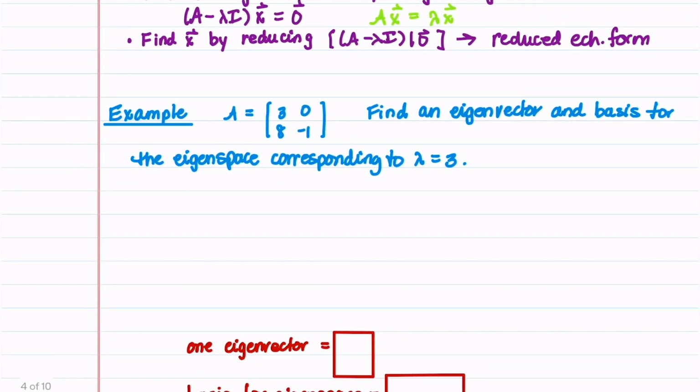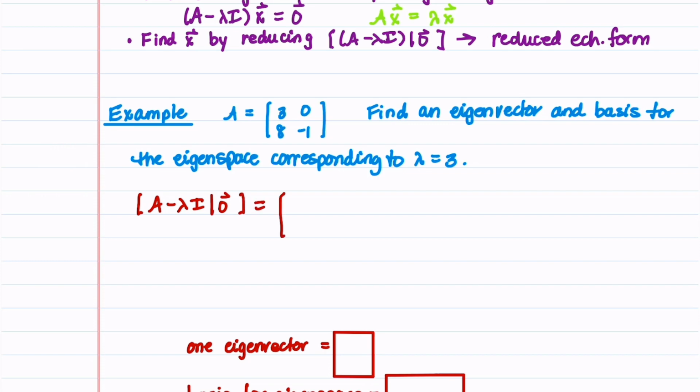Let's now do an example where we're given a matrix and asked to find an eigenvector and basis for the eigenspace corresponding to an eigenvalue equal to 3. We'll begin with the augmented matrix, A minus lambda I augmented with 0, and then we'll plug in what that is.